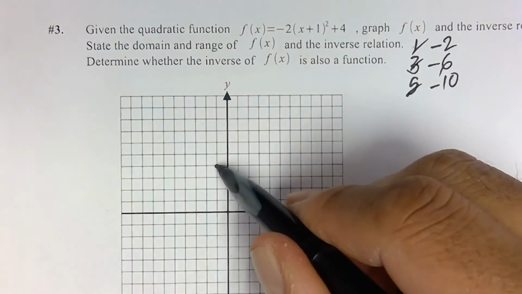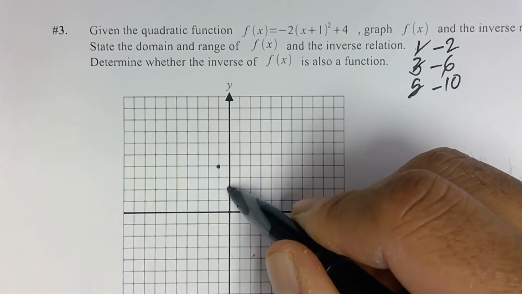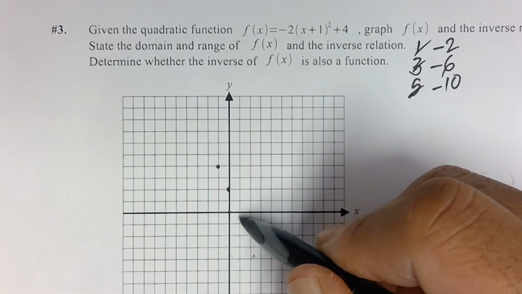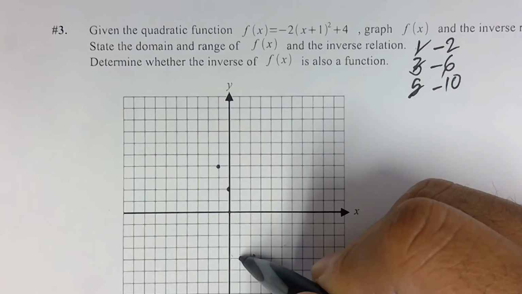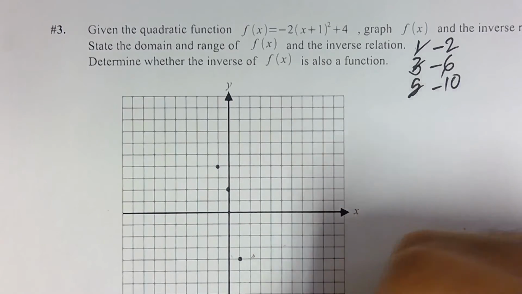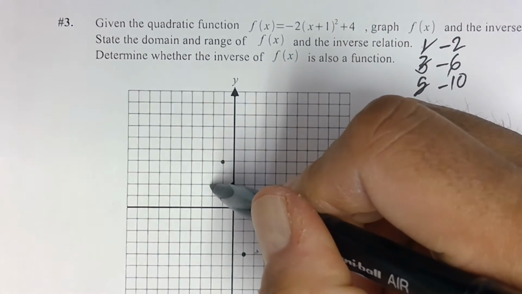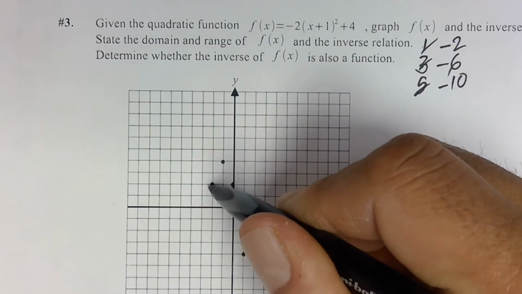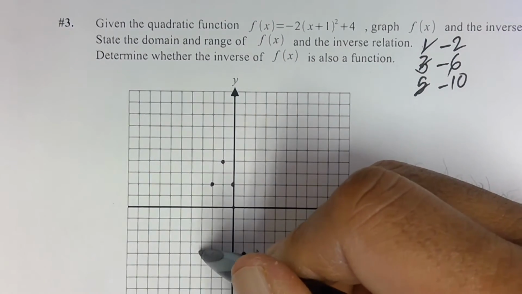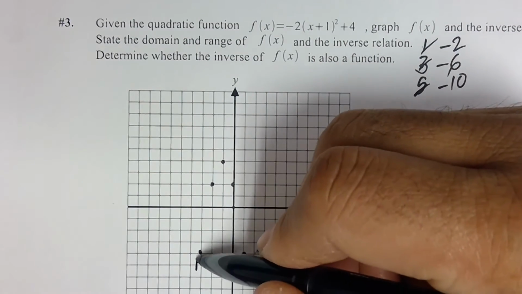So I'll go 1 to the right, 2 down, 1 to the right, 6 down, 1 to the right, 10 down, and that's off the graph. So I'll go back and put the other ones here. So my original might look like this.